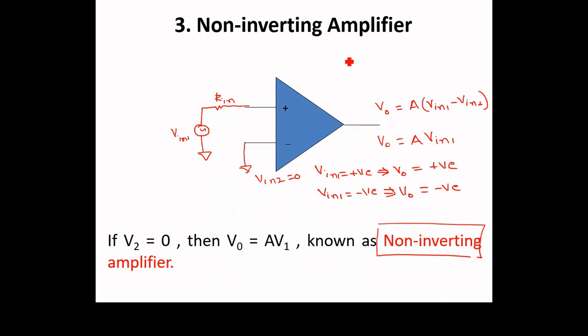Whenever the output voltage is simply proportional to the difference V in 1 minus V in 2, then it is called differential amplifier. So this is how we classify it: the operational amplifier will operate in any one configuration mode. It may be differential amplifier, inverting amplifier, or non-inverting amplifier. But these we will see in closed loop also.